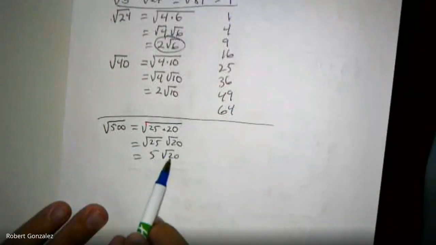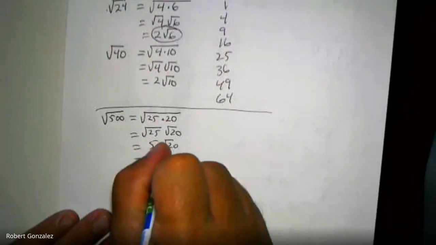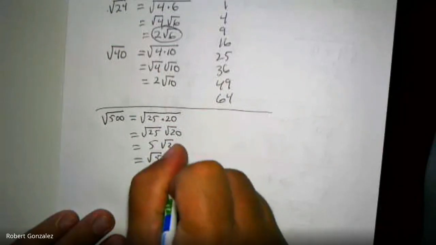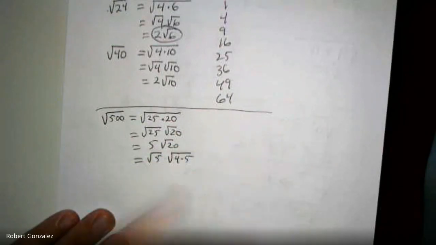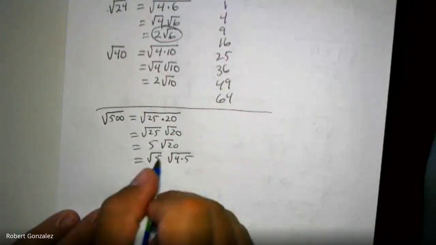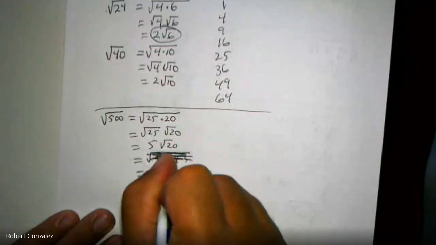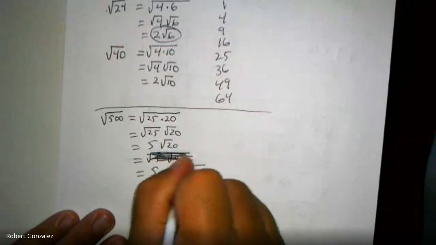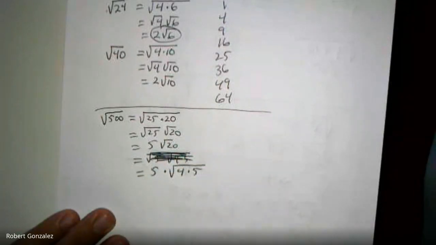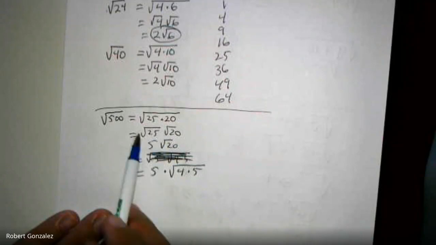But now you look at 20 and say, okay, I can reduce that further. So I'm going to get 4 times 5. Sorry, rewrite. That first one shouldn't have been under radical. 5 times 4 times 5. See, it's a big deal which numbers come outside to play and which ones are still in the house. 25 is perfect, so it got to come outside and play.